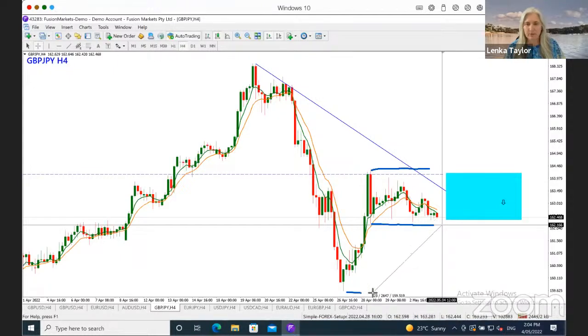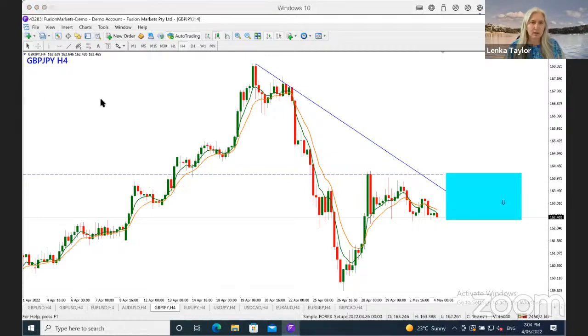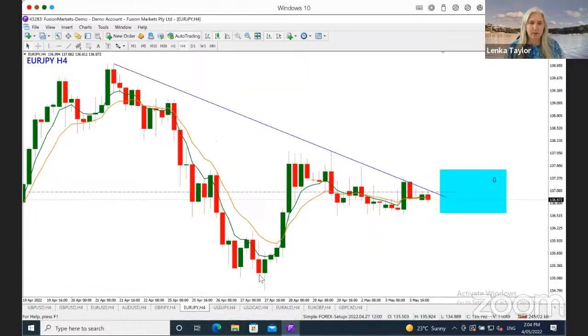Yeah, so there's at least 1-to-1 partial profit there, and then let's see where that could go. So I'll be looking at that and entering that potentially. Even, yeah, we could even do it now on the next bar.